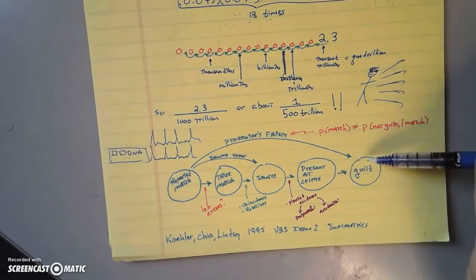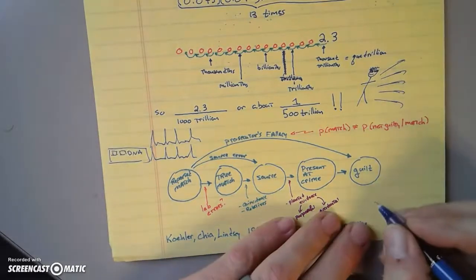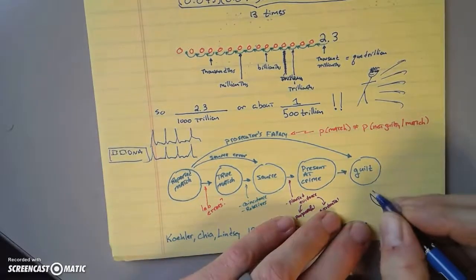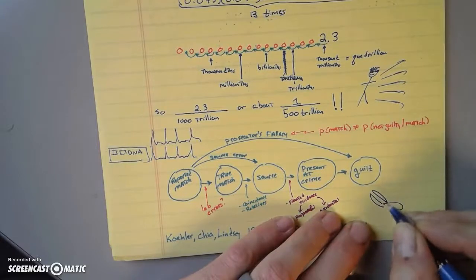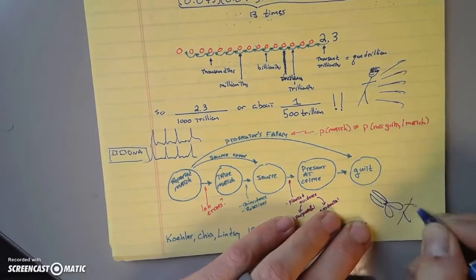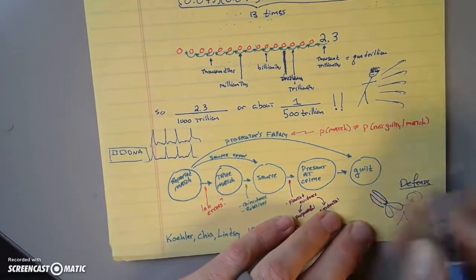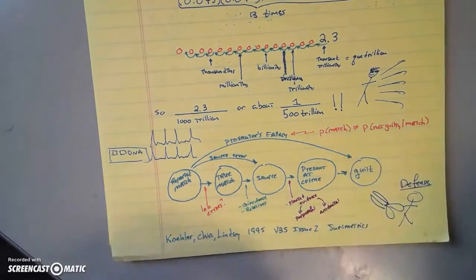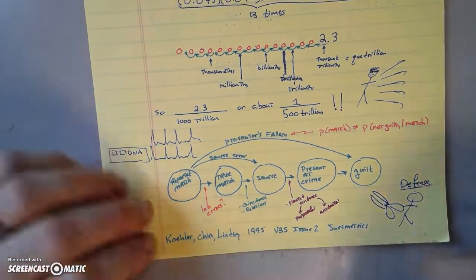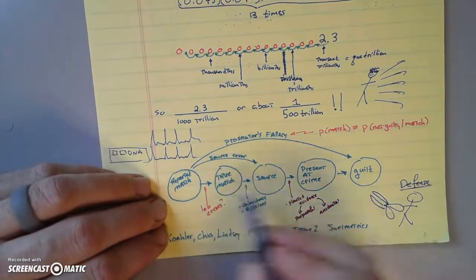And remember, the job of the defense is to take a big old pair of scissors here. Defense. Man, I wish I could cartoon here. And snip any one of these lines. Meanwhile, the prosecution is trying to establish these lines.